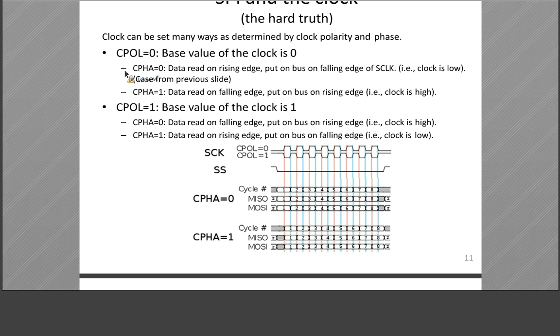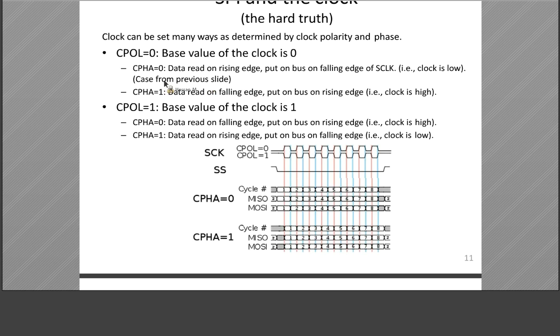In this case, CPHA, the clock phase, is 0. Data is read on the rising edge and put on the falling edge, the same as the previous slide. On the falling edge, we put the bit of data over the line. On the rising edge, we get the bit of data from the line.